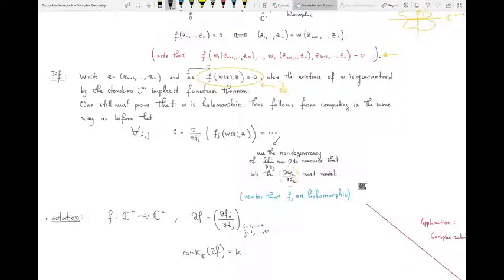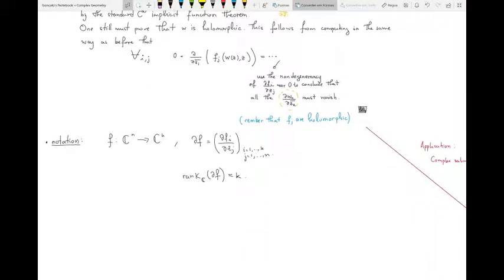Okay, so this plus f holomorphic, then these conditions imply that f^(-1)(0), which is a subset of C^n, is locally the image of a map W from C^(n-k) to C^n.